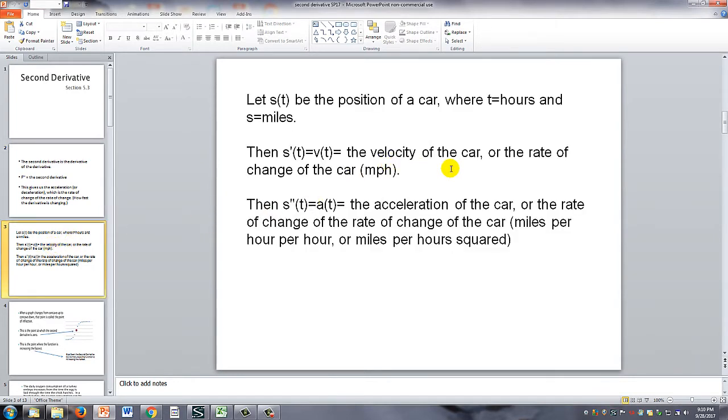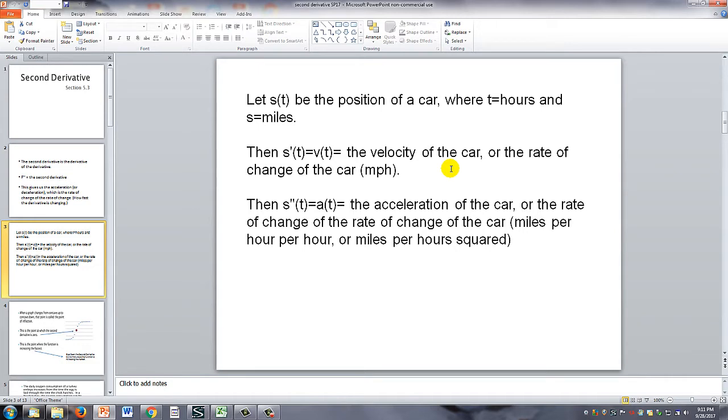And so when you think about movement, distance, if we let s of t be the position of a car, where t is hours and s is miles, then if you take the derivative of that function, you get miles per hour, because the units on a derivative are always y units per x unit.